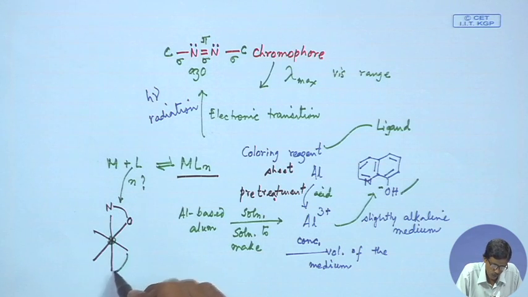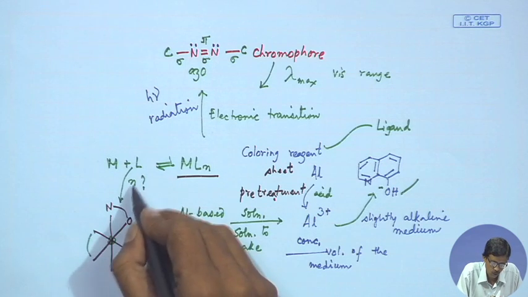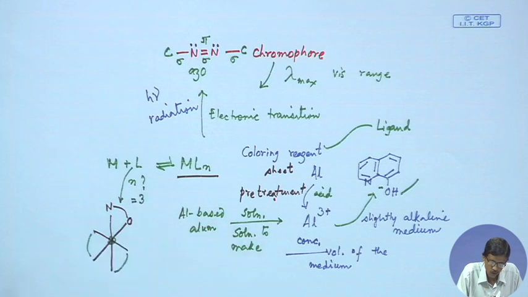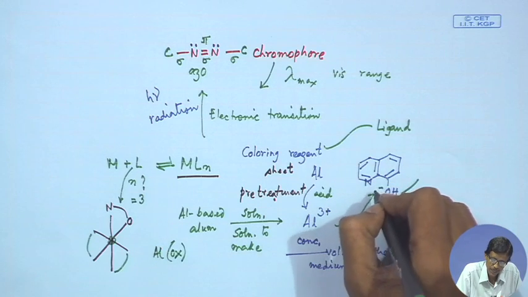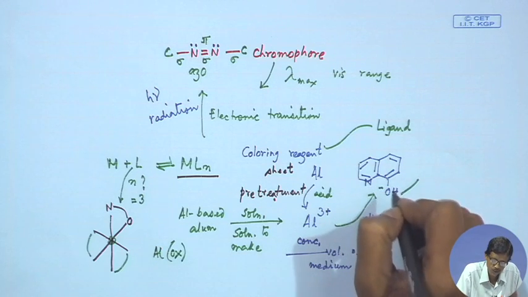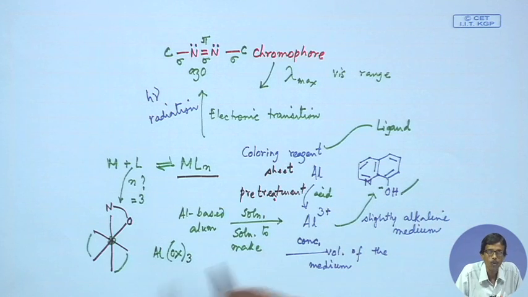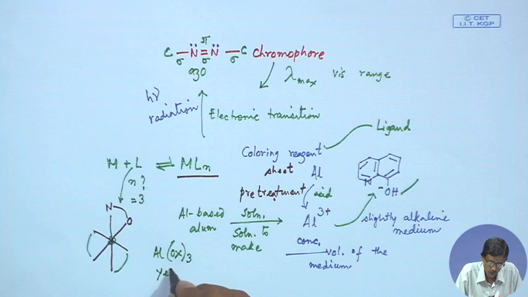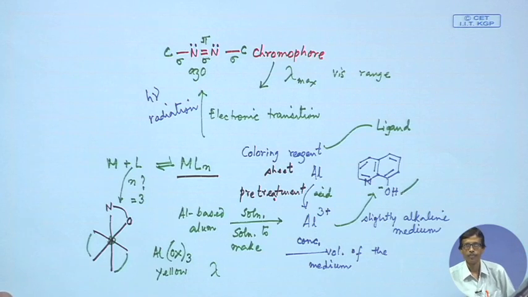Then the second one will bind two other positions and the third one will be other position. So, your n value will be equal to 3, and we write this as the Al, oxine as the OX. If we abbreviate this oxine, this is the name of this, 8-hydroxyquinoline is nothing but the oxine. So, the formula of the compound is Al(OX)3, which is yellow in color, and we know now the lambda value for this particular yellow solution or the yellow coloration.